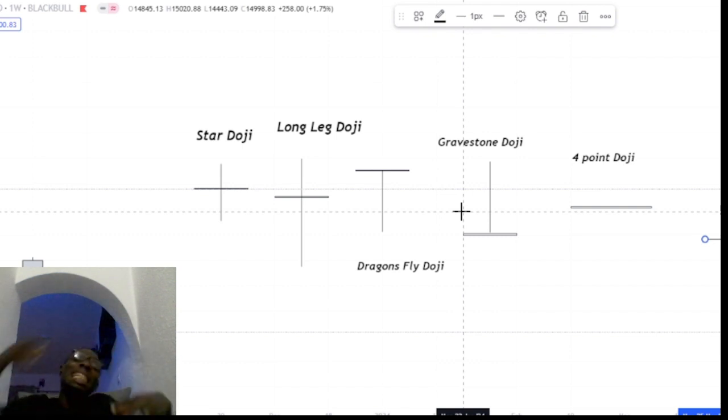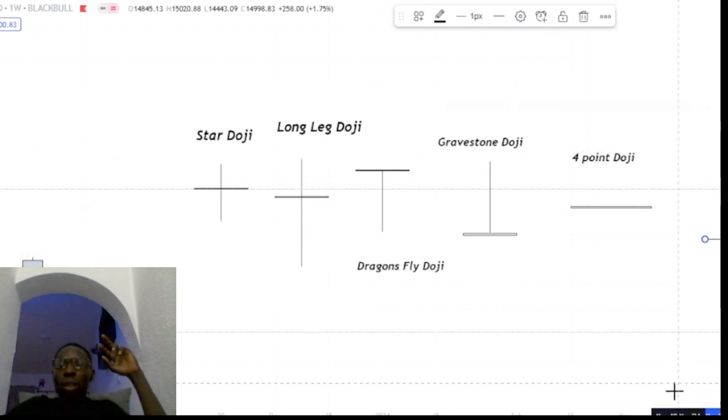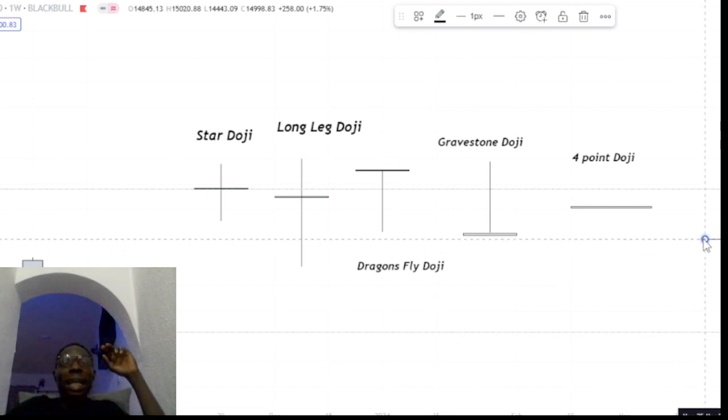But with this volatility, the buyers and sellers still fail to agree on a direction. That means you should also stay put. You should not do anything. So, indecision.